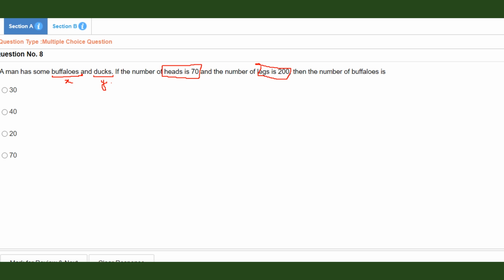Now buffaloes and ducks both have a single head only, so we can write that X and Y sum to 70. This will be equation number 1, and here it says the total number of legs is 200, both buffalo and duck together. So buffaloes will have 4 legs, so we can write 4x, and ducks will have 2 legs, so it will be 2y, which is total 200. This is equation number 2.